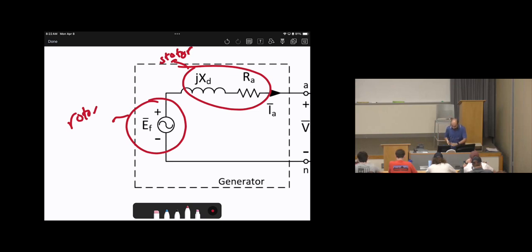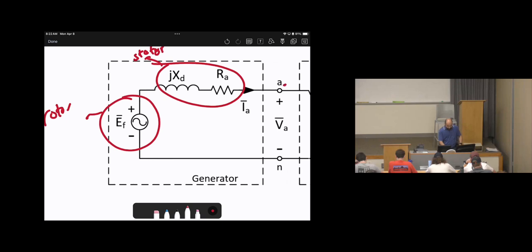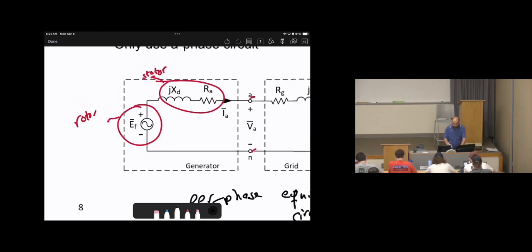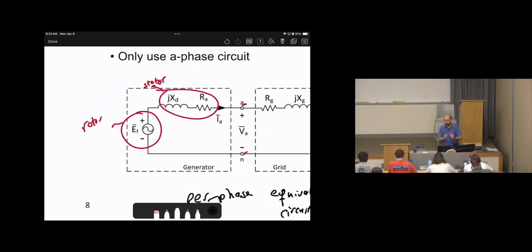Then the terminals of the generator, this is AN. Again, this is the per phase equivalent circuit, by picking up phase A as a reference. Inside this box, I call it the generator, because this is what will be connected to the electrical grid.